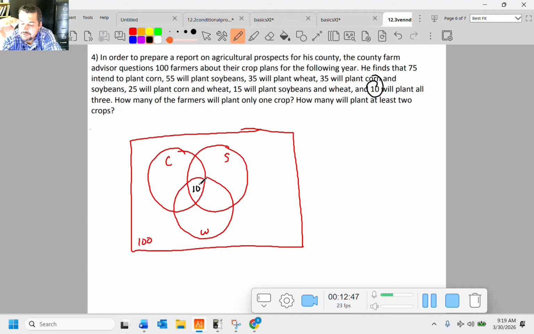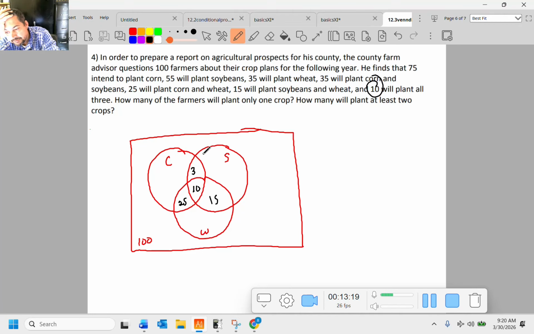I need soybeans and wheat, or wheat only. I need some information here. Anyways, 15 will plant soybeans and wheat, so I'm going to put a 15 here. 25 will plant corn and wheat, 25. 35 plant corn and soybeans.